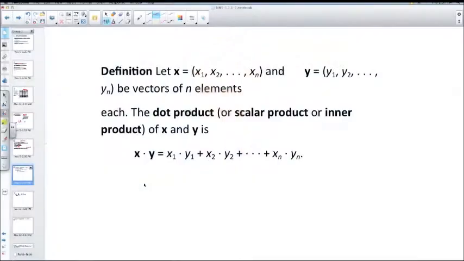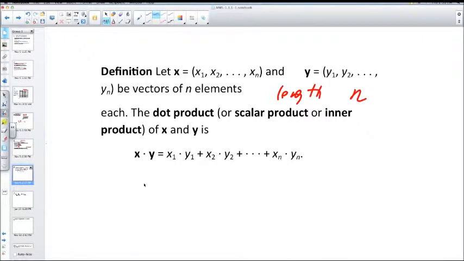We generalize this idea by giving the definition below. For a dot product of two vectors, in the first place, the two vectors must have the same number of elements. We call it the same length, which is n. You see x1, x2, up to xn.